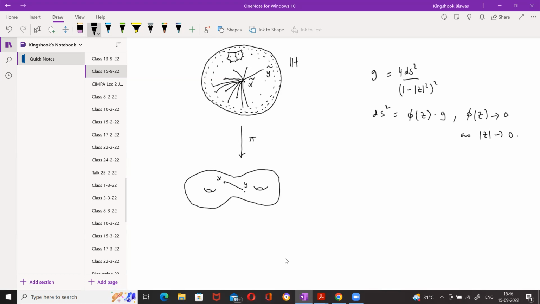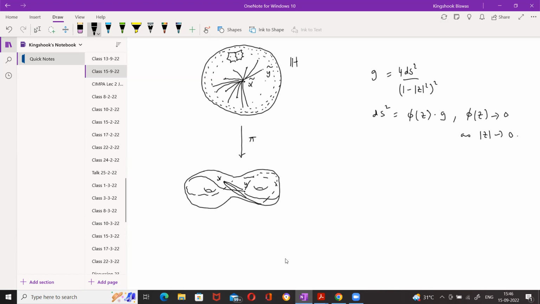These give you geodesics which wind around a lot. Maybe this will do something like this, and then it comes back to Y. Then you can have much more complicated geodesics which go around a long way, come out here, and then go to Y. So there will be infinitely many geodesics from X to Y.